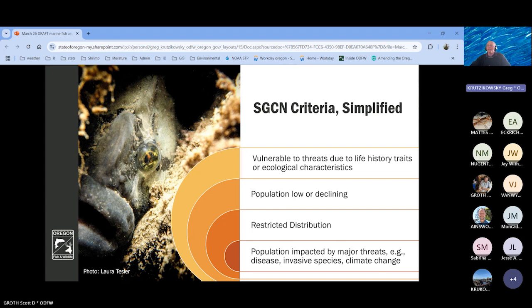As a reminder, the Oregon SWAP is non-regulatory. Likewise, the species designation of SGCN or SGIN are non-regulatory, but they're a means to guide conservation priorities and actions in the state. Next slide, please.